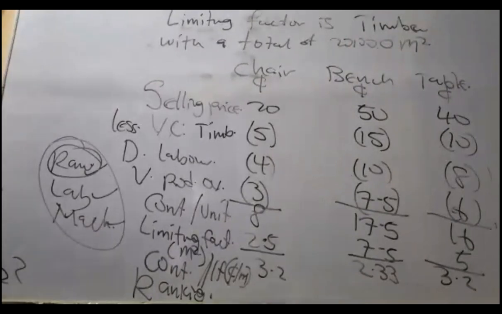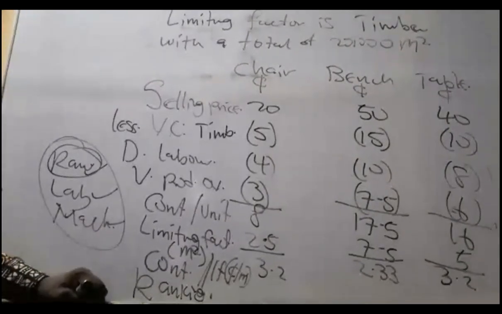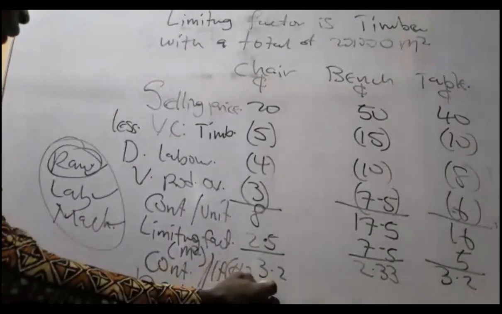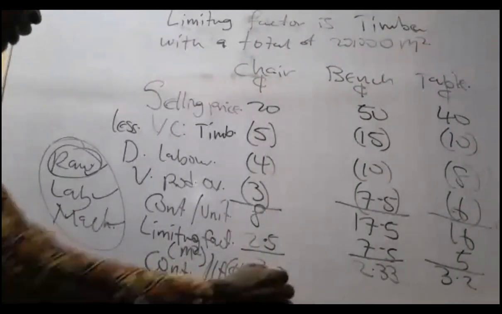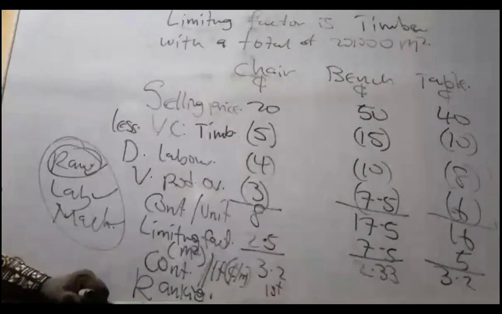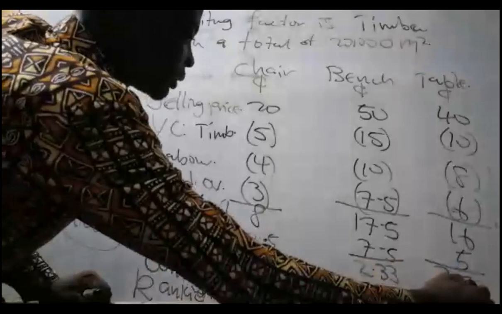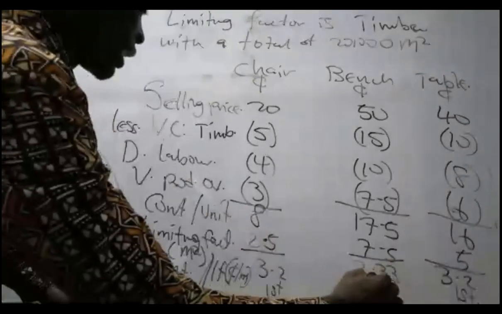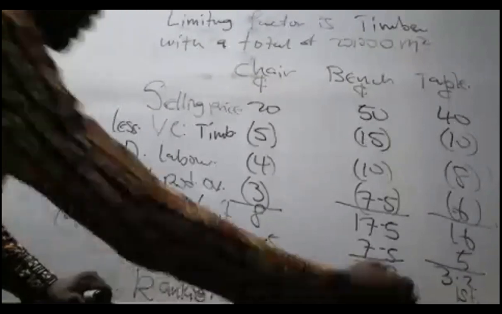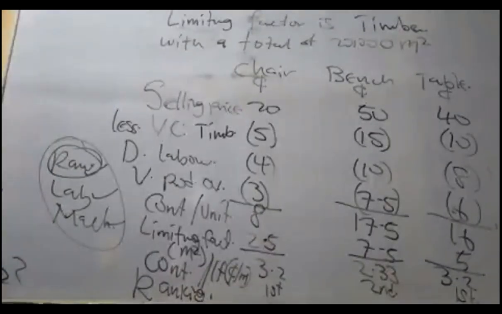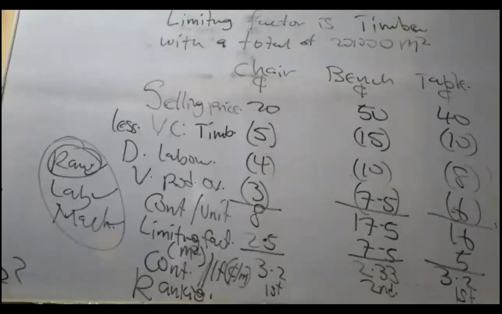Here there will be two approaches or two different ways that you can do this. First, good. Another first. So second. We are done. That's the rank. So first, and second. That is the rank. So that means chair and table, they must produce those items first.